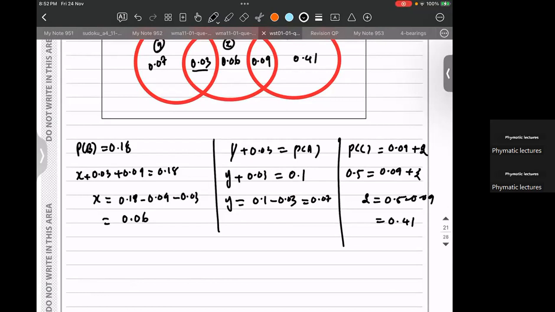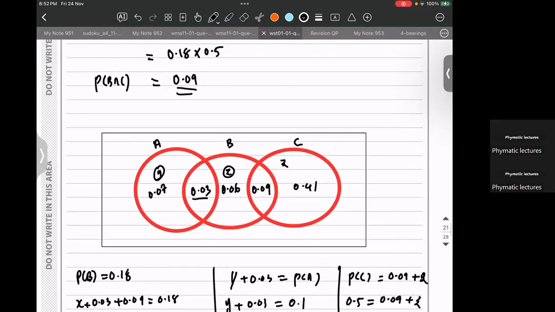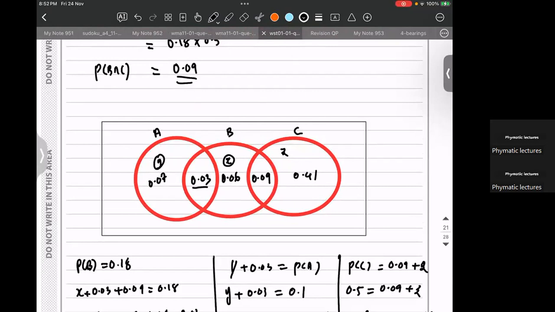So this is 0.41. Now you cross check whether this all adds up to 1 or not. If that is not adding to 1, then something we have to keep outside the bracket, because the total probability is 1. So 0.07 plus 0.03, that is 0.1. 0.1 plus 0.06, that is 0.16. 0.16 plus 0.09, that means 0.25. 0.25 plus 0.41, that is 0.66.